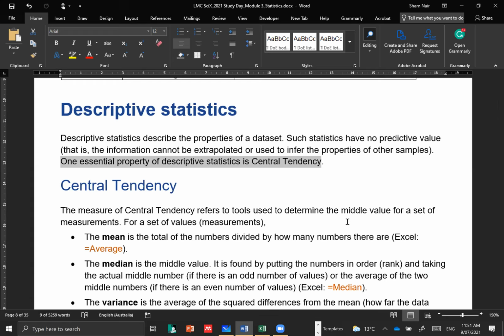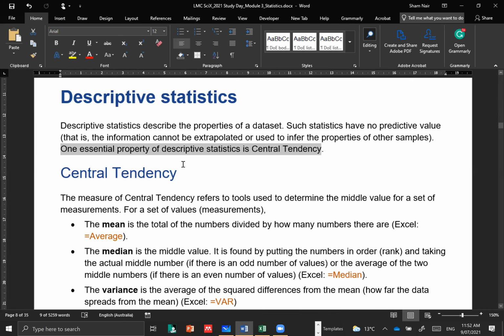One of the things about descriptive statistics is this thing called central tendency. That means given a set of measurements, there's always a center to that data set. That center is actually quite important, and how we determine that center is also quite important.